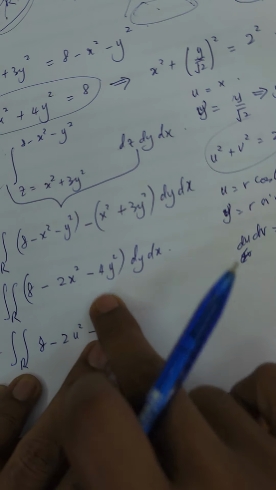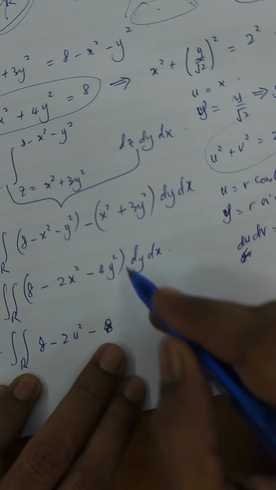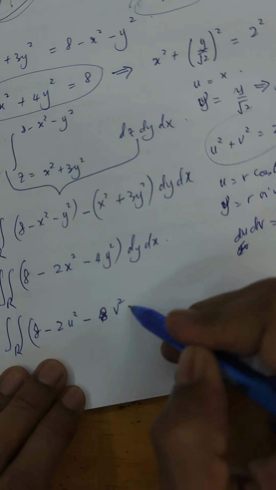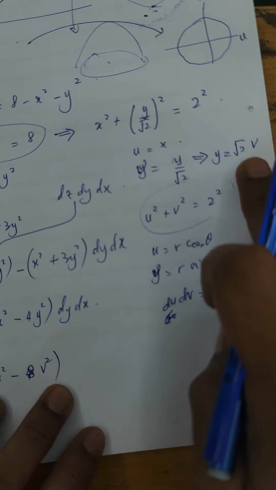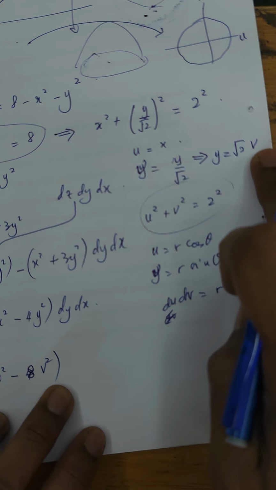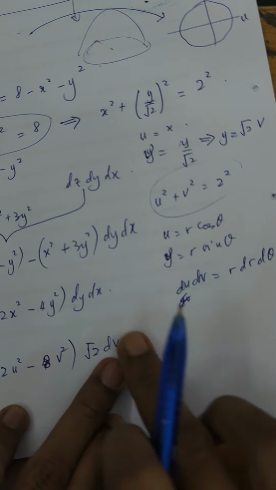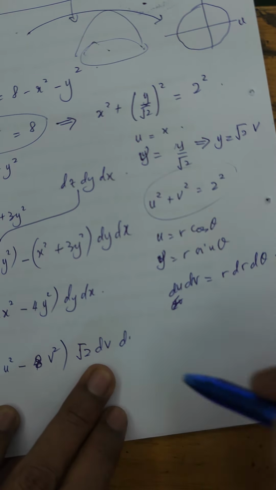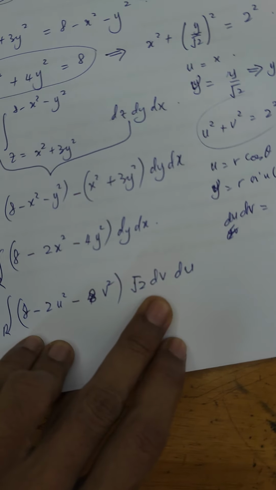We already have 4 here, so we have 8v squared. For dy, we have square root of 2 dv, and for dx, we have du.